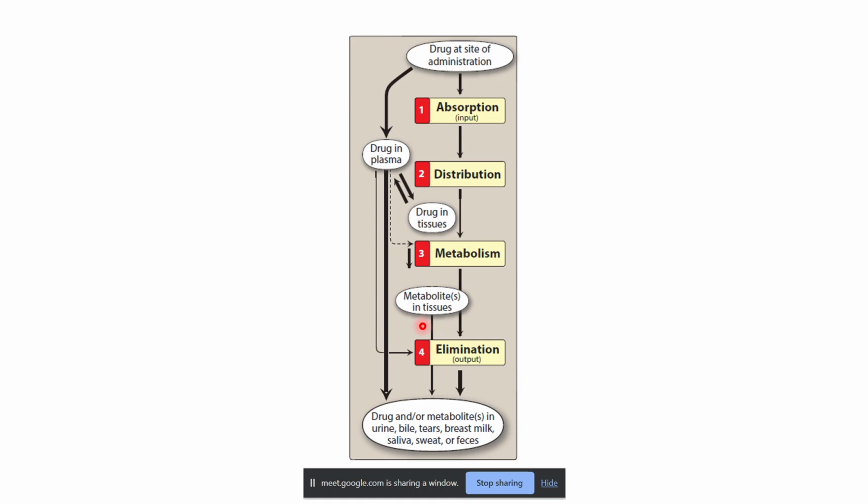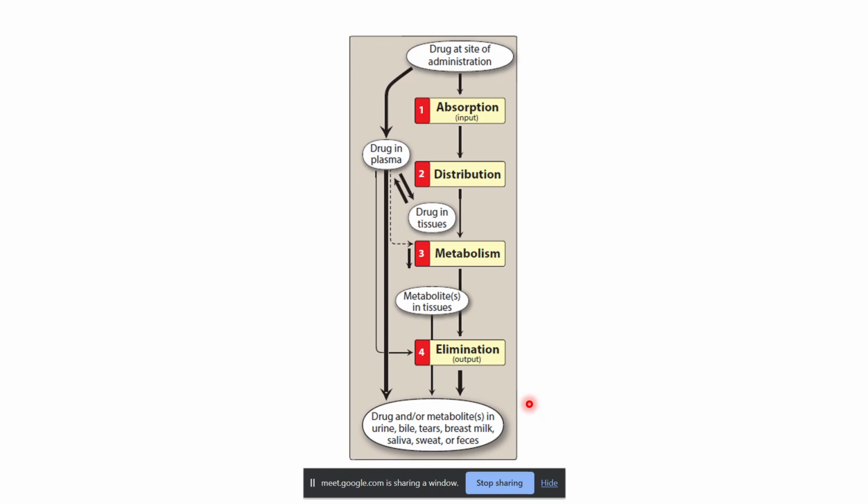But drugs can also be eliminated by other ways, not only urine, but also by bile and feces, and also with the sweat, saliva, and breast milk in case of a breastfeeding woman.